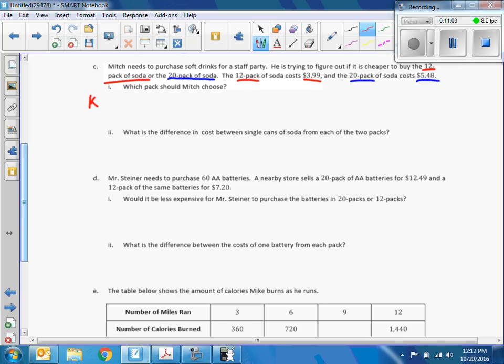So again, K equals Y divided by X, which equals the price. 3.99 divided by 12 equals. I'm also going to do the other one. I'll leave the decimal for now. K equals Y over X, which equals price, 5.48 divided by 20.